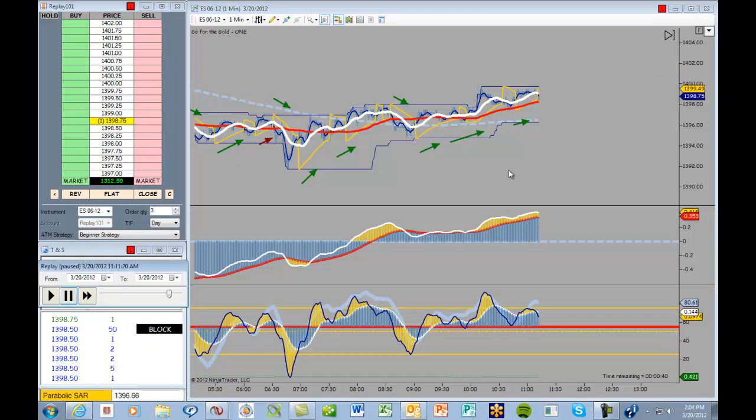Okay. Once again, let's keep our eyes open for a bullish hook on the short-term MACD.